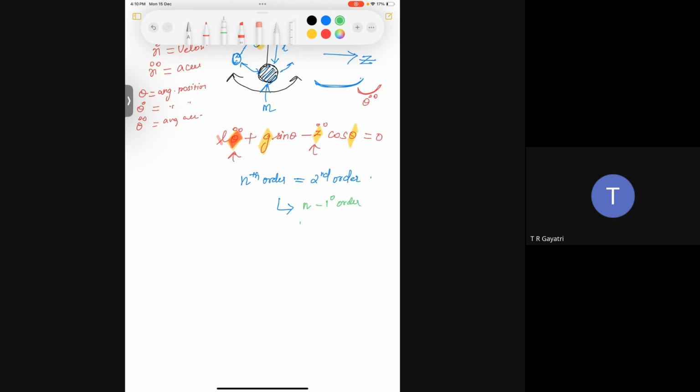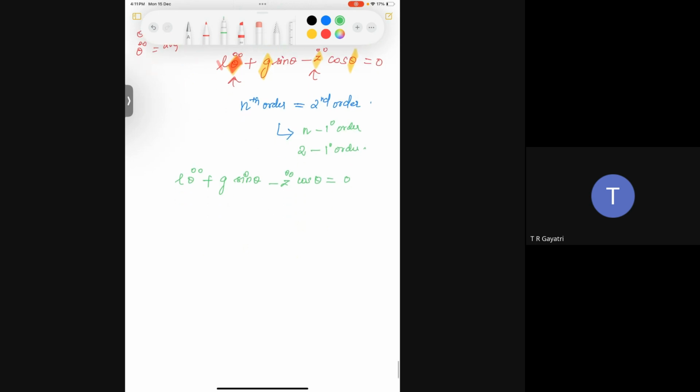So it is second order, so we need to form two first order differential equations from that. This is very important. Please practice this. I'm telling this again and again whenever I'm solving this. When you learn nonlinear systems, this will be very helpful to you.